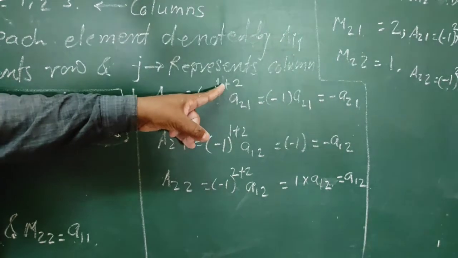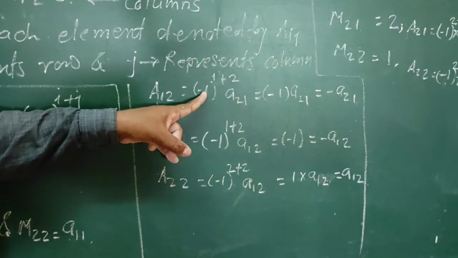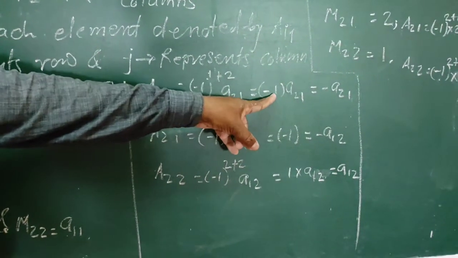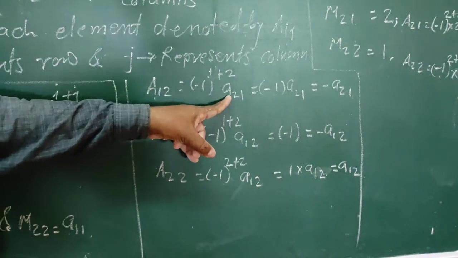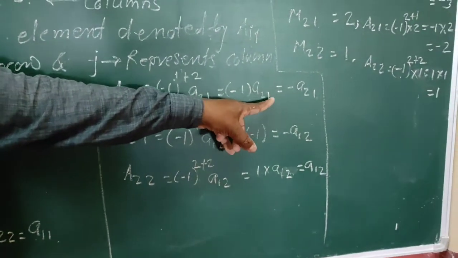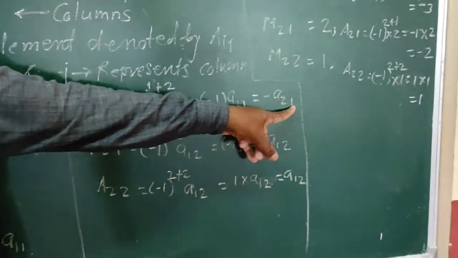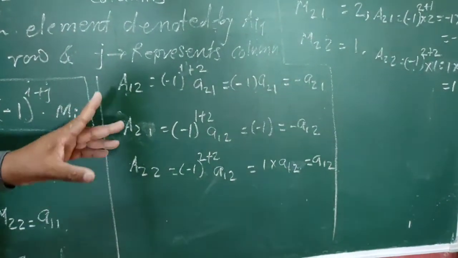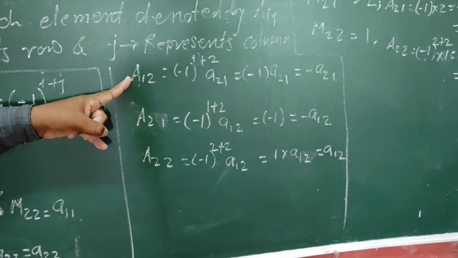We know that 1 plus 2 is 3, minus 1 raised to the power 3 is minus 1, into the minor A21. So minus 1 into A21 is equal to minus A21. So this is the cofactor of the second element.